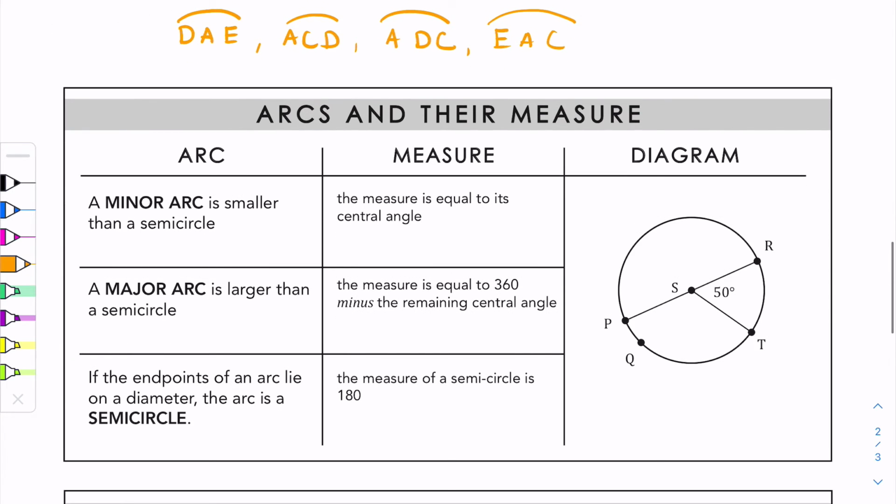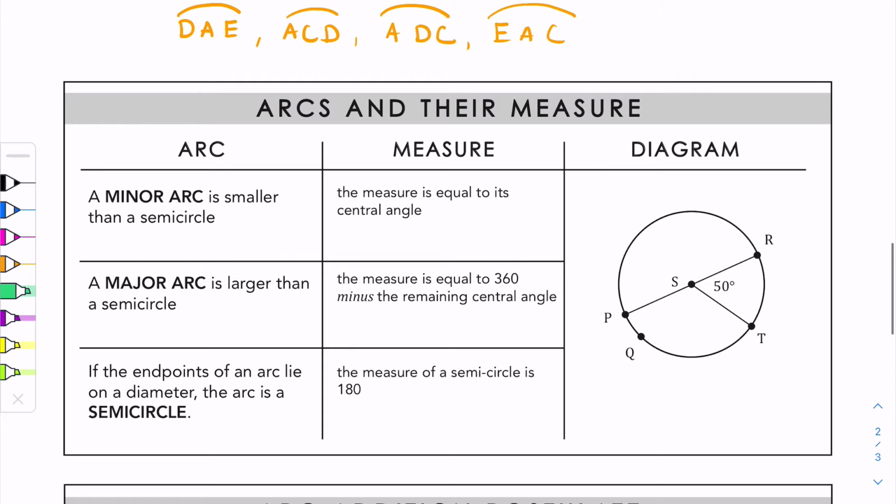On to some measures. So a minor arc is smaller than a semicircle, and the measure is equal to its central angle. So right here, RT is a minor arc, and that arc is equal to 50 degrees. A major arc is equal to 360 minus the remaining central angle.